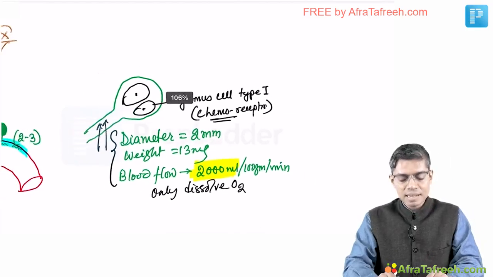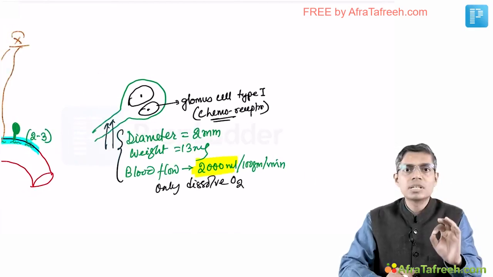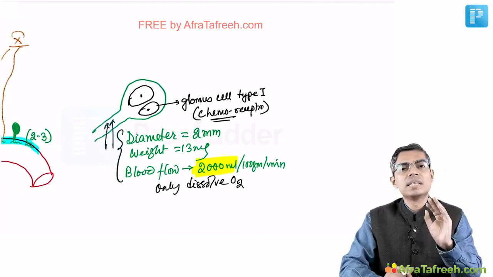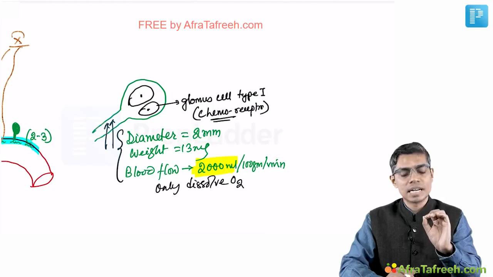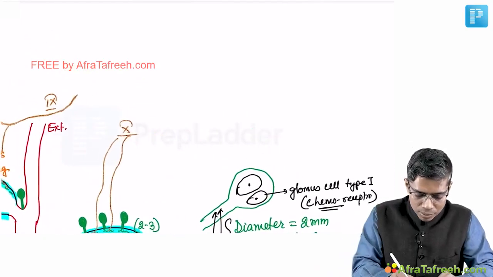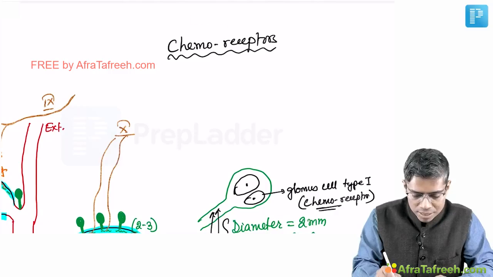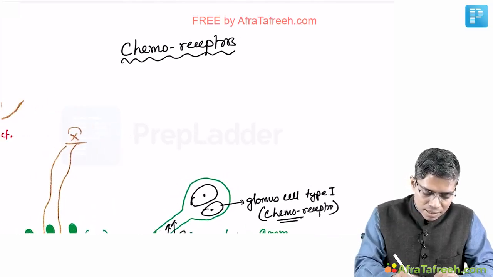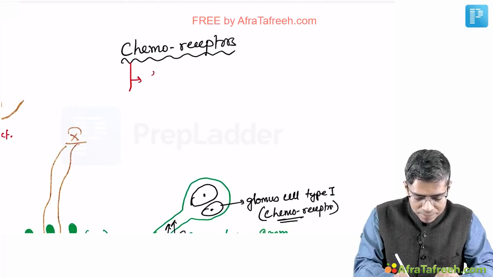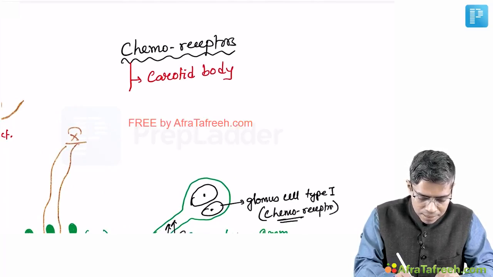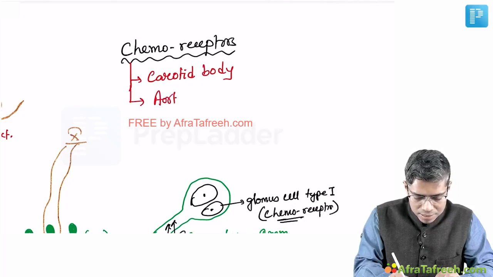So if I write down where the chemoreceptors are located, your answer will be that, sir, it is the glomus cell, but where are they located? In the carotid bodies, and also inside the aortic bodies, right?